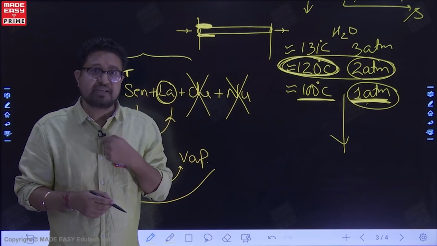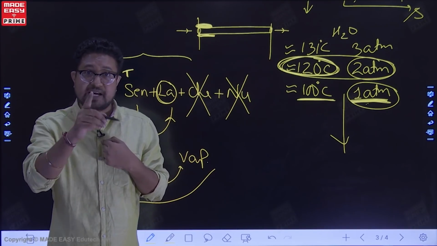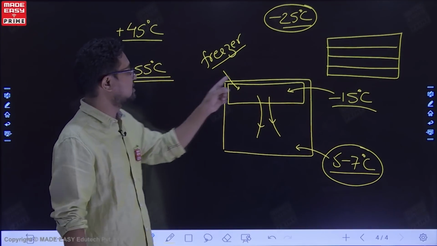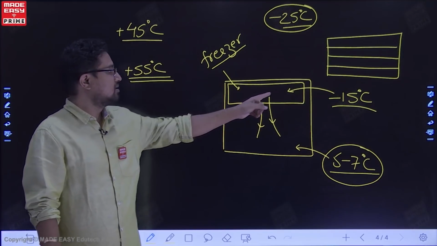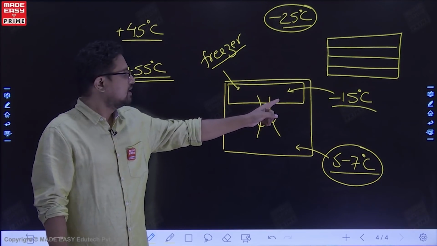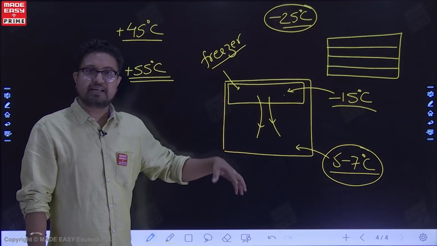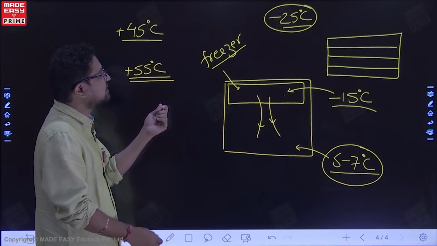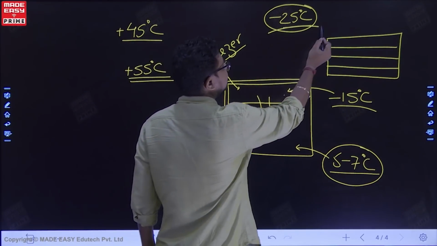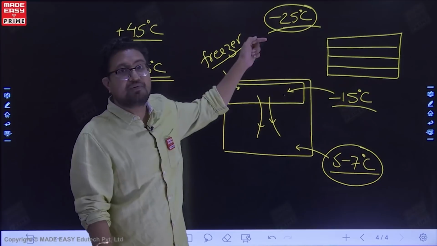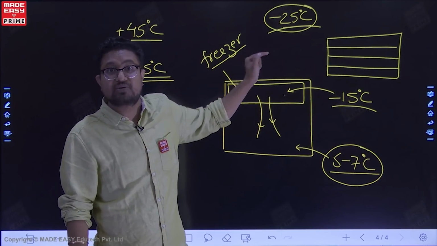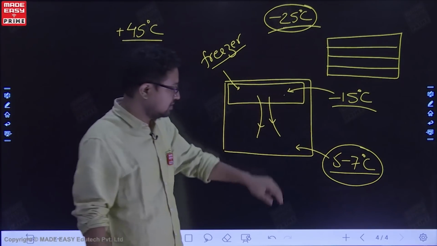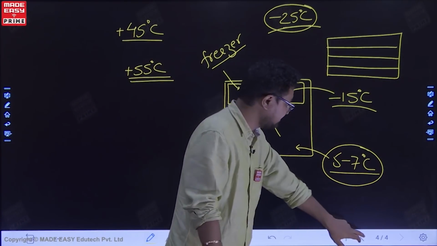I want to bring the refrigerant to minus 25 degrees Celsius. Suppose this is the freezer section. We just discussed this. Minus 15 is the temperature which I want to maintain. So I have to send the refrigerant at minus 25. If you want liquid refrigerant at minus 25, we will see the property tables for this refrigerant.